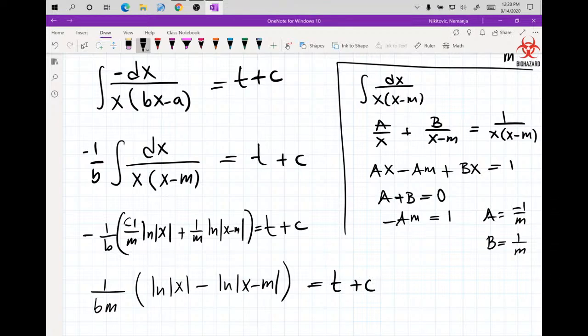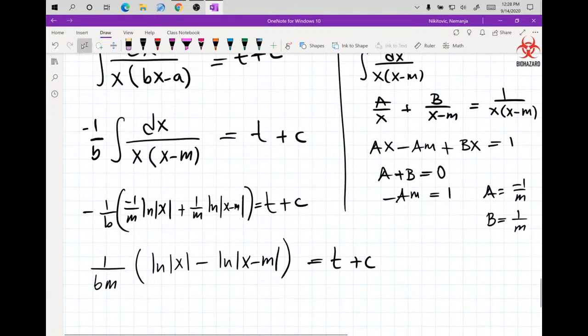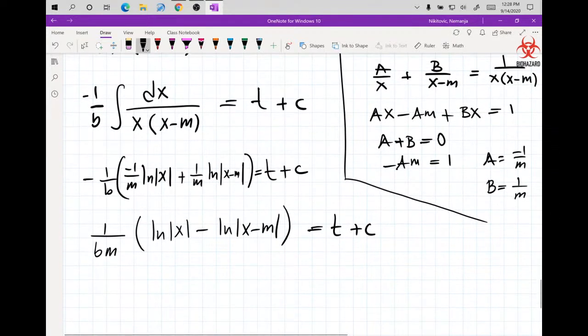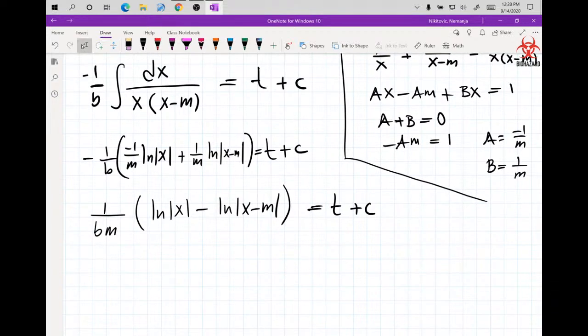So this negative went outside and made everything positive. And then this positive here turned into a negative. So now, all I need to do is to solve this for x equals everything else, and I have my solution.